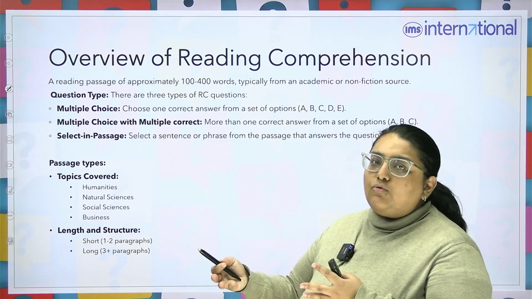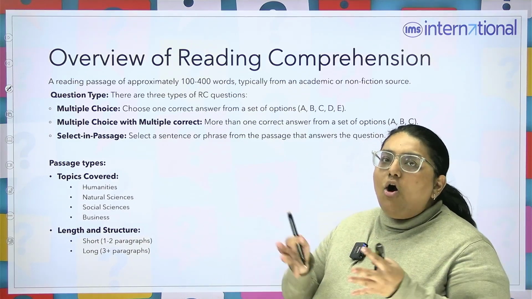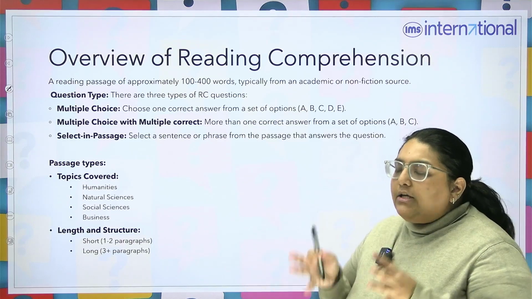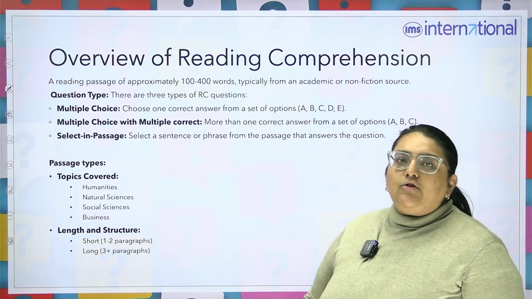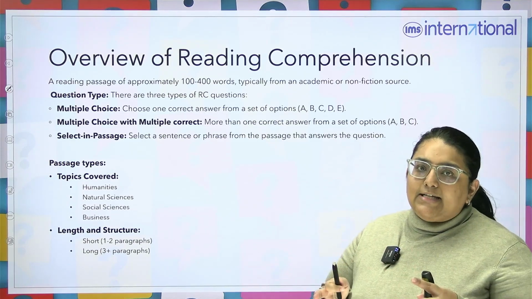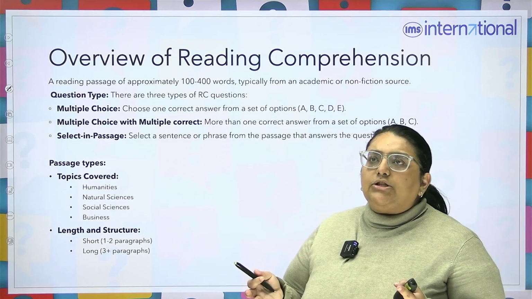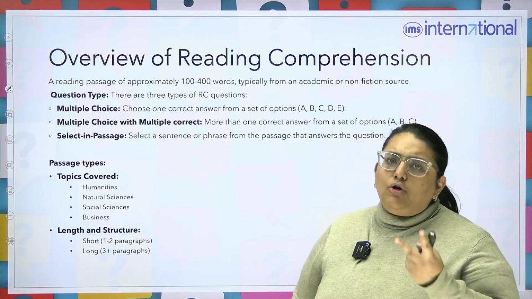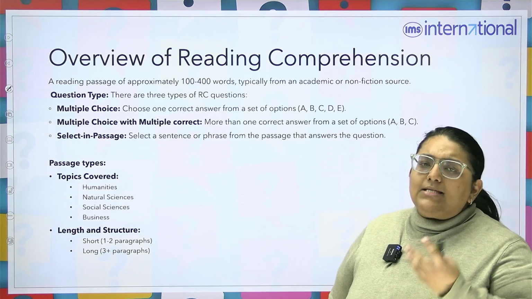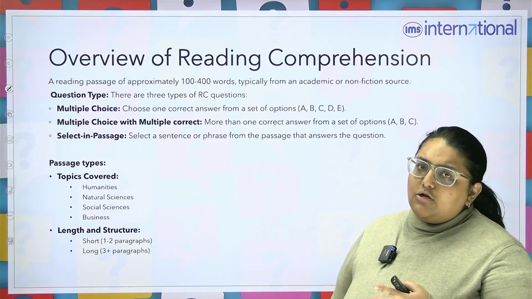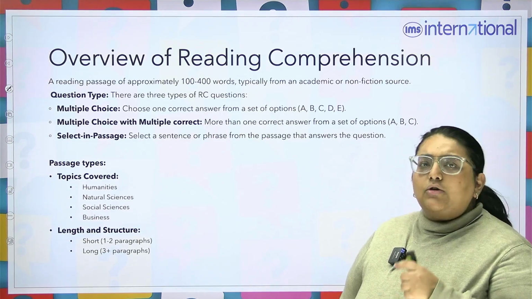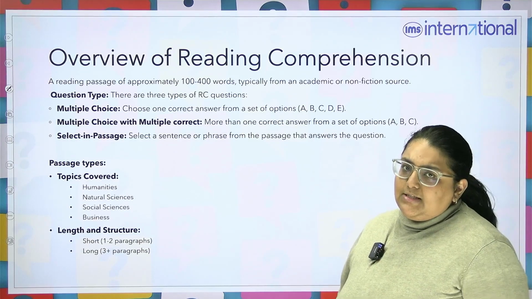In the first section, you are going to have 12 questions. In the second section, you are going to have 15 questions. Out of the 12 questions, you may find 1 or 2 reading comprehensions, and similarly, out of the 15 questions also, there might be 1 or 2 reading comprehension passages.